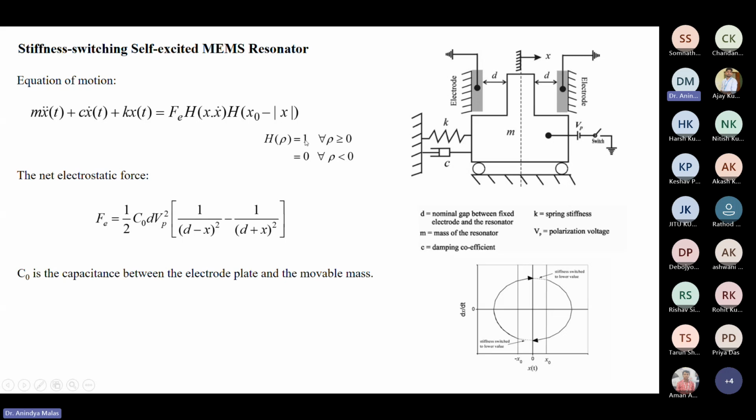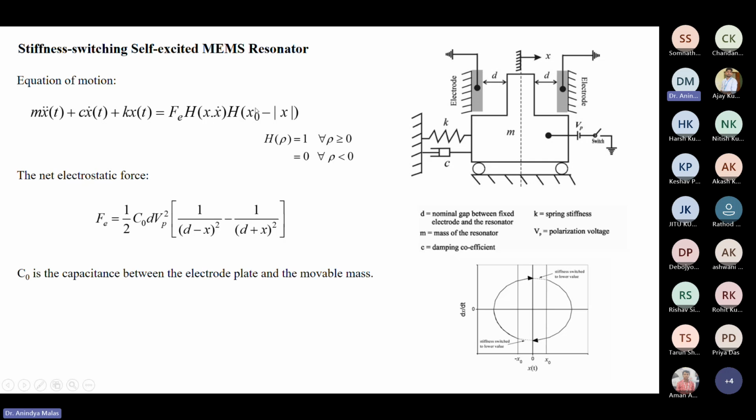H of rho is 1 when rho is greater than 0, that means when the term is greater than 0 it is 1. Otherwise it is 0. Here x is the displacement of the mass and x dot is the velocity of the mass. And x0 is some initial or reference value we have selected.